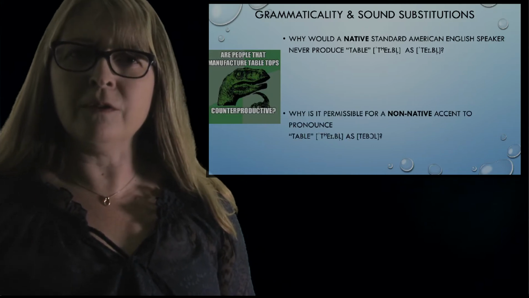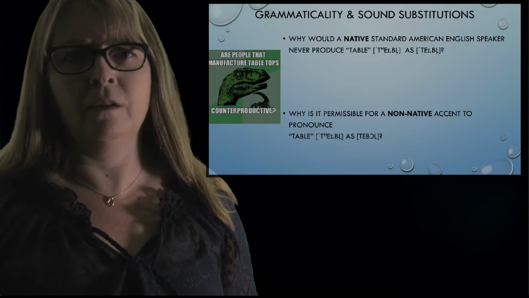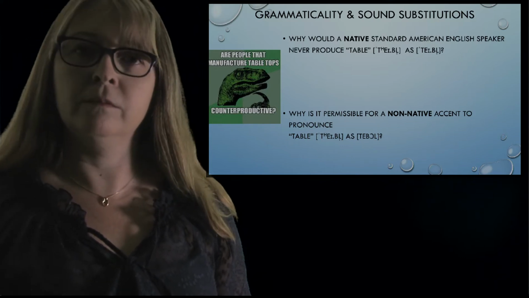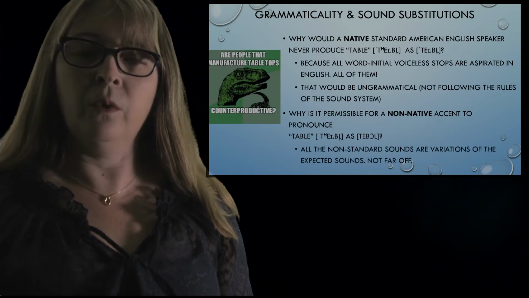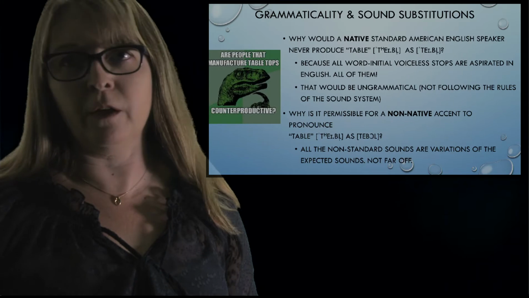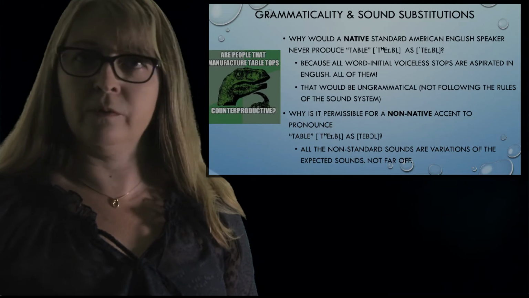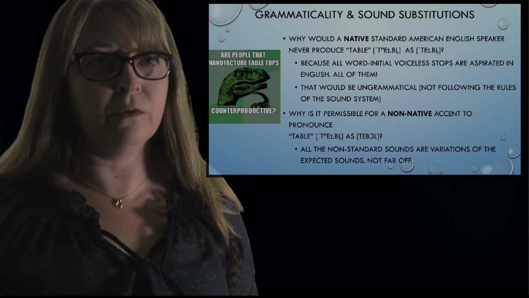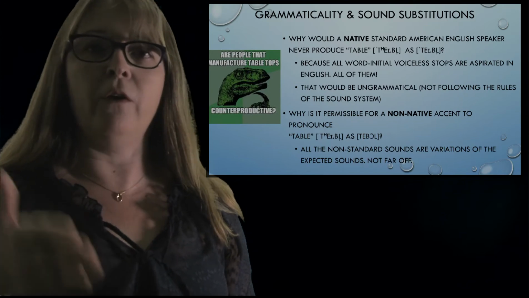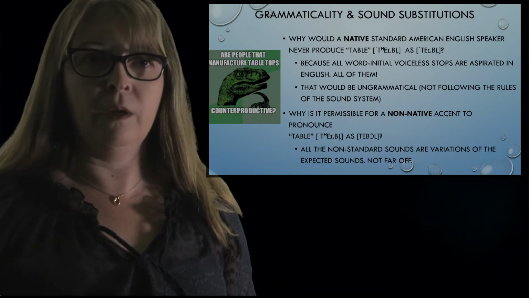But non-natives can say that. Stable. Yeah? Well, all word initial voiceless stops are aspirated in English. It just follows the rules, and that's why it would be ungrammatical. It doesn't follow the rules of our sound system.